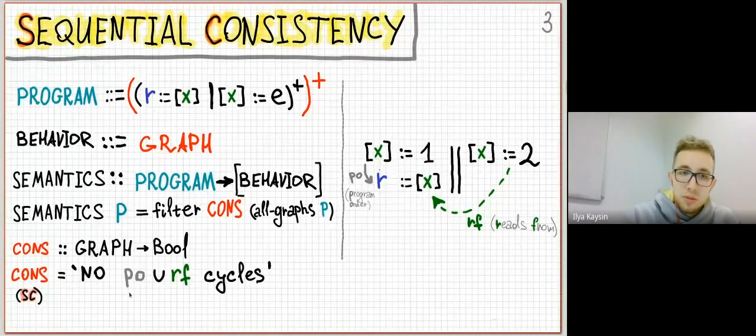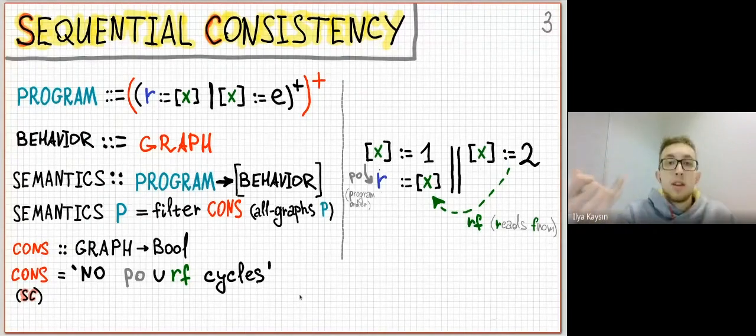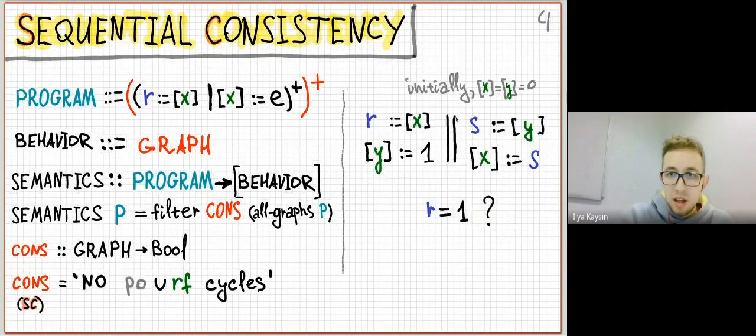Okay, and as soon as we don't have PO and RF cycles, this graph defines a correct sequential consistency execution. That is, by this graph, we can acquire a behavior, the resulting state of the registers, that can be explained by the model of sequential consistency. But the problem with the sequential consistency model is that it is too restrictive to reflect the real executions. So for example, look at the following program.